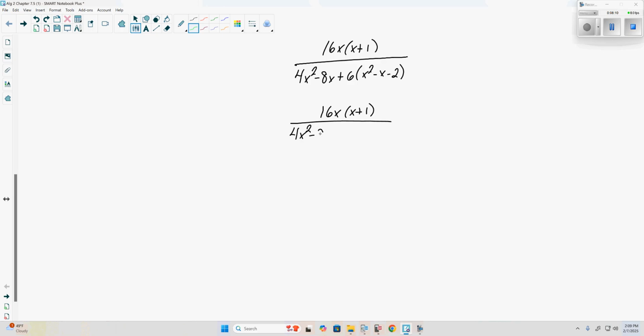Now we're going to have to distribute that 6 through, giving us 6x squared minus 6x minus 12. Combine like terms, 10x squared minus 14x minus 12.